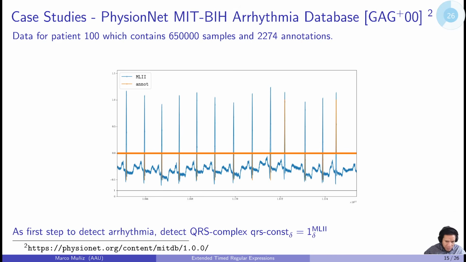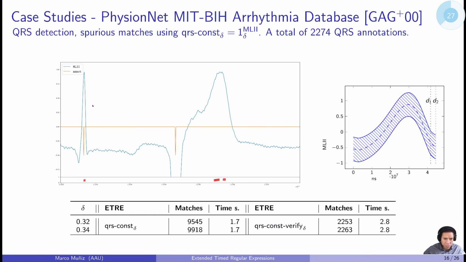So let's try to find this QRS complex, or the heartbeats, using a constant around 1 with some delta. If we run the tool with a delta of 0.32 or 0.34, we are going to see that there is a number of matches.